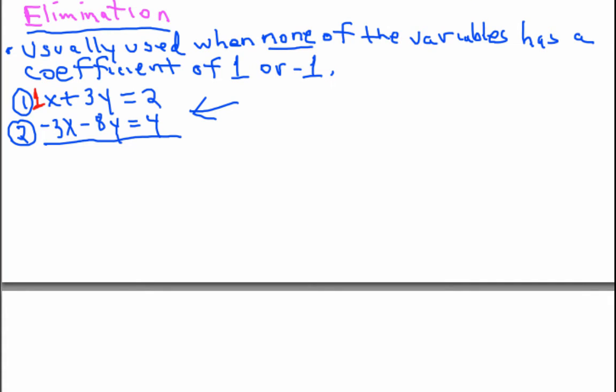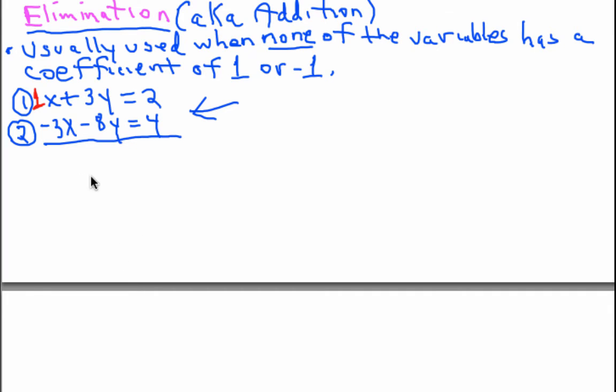Let's solve the system we just solved with substitution using the elimination method. Now, another name for the elimination method is the addition method. What we're going to be doing, once we've done the necessary algebraic manipulations, is to add the two equations together.